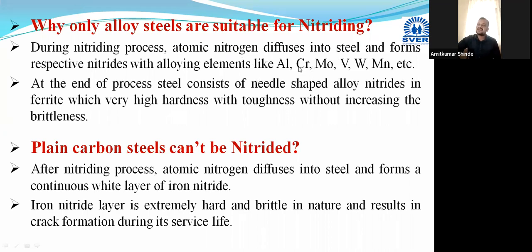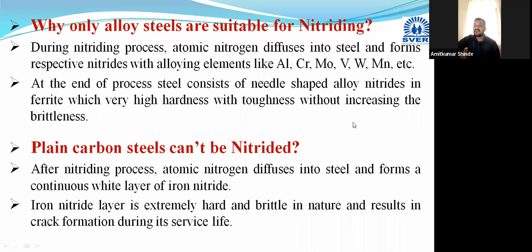And these nitrides, at room temperature, will be present in the form of needle shape. These alloy nitrides will be needle shaped, and they will be present in the ferrite, and this ferrite will provide the toughness required at the center, and these alloy nitrides will give you the required hardness and wear resistant surface.